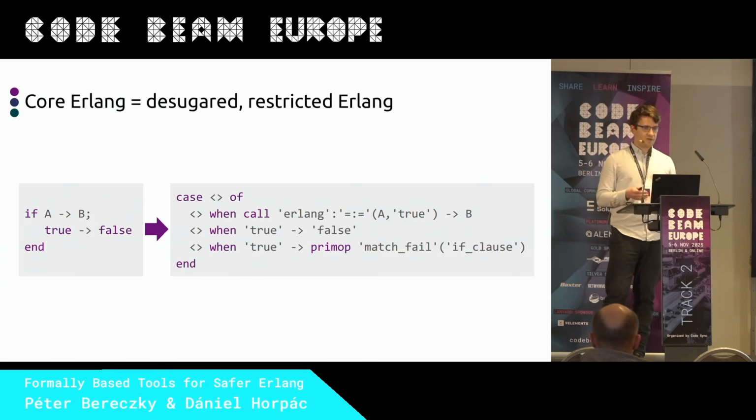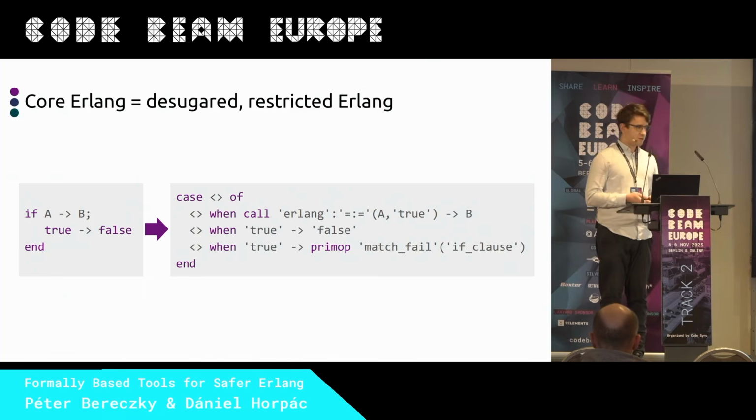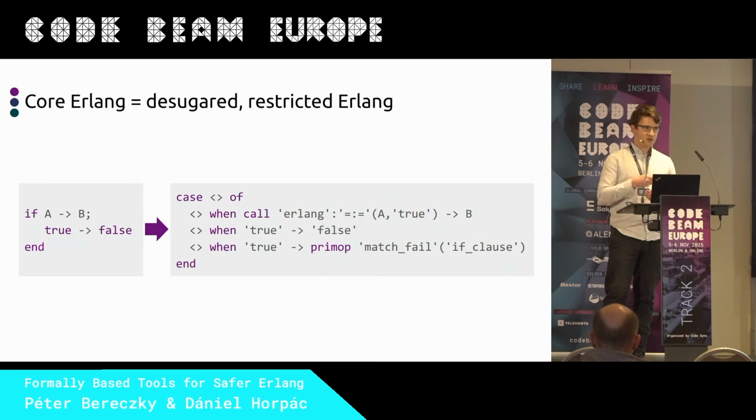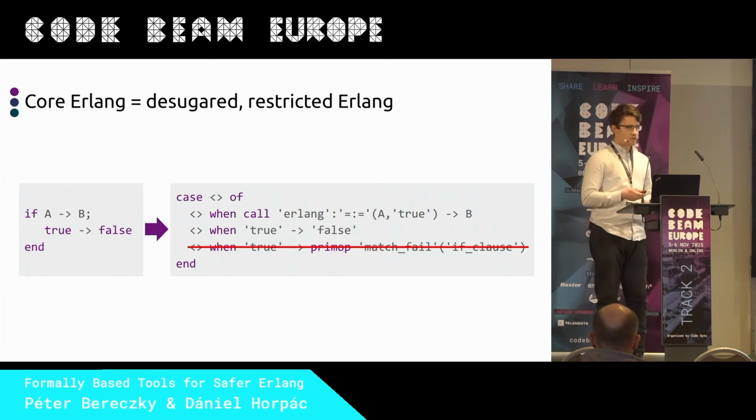It became an equality check between the variable a and true. And the compiler also generated a third case, which is used when none of the previous clauses can be matched. Obviously, in this case, we can never reach that clause, and if you turn on the optimization in a compiler, this clause will be eliminated. And actually, this is also a step for which we could use formal reasoning to verify that eliminating such a clause in a program is behavior preserving.